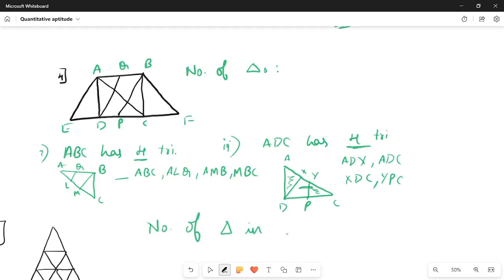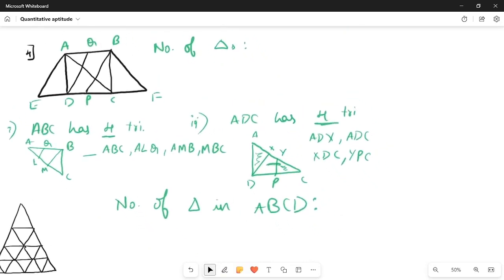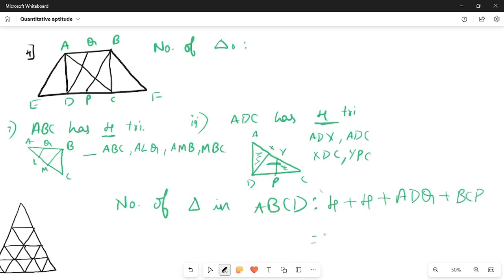So when I consider here, see, this part ABC alone has four triangles, and ADC has four more triangles, and when I club them together I can observe triangles like BCP and ADQ, right? ADQ, and I can even consider BCP. So the total number of triangles in ABCD will be 10.